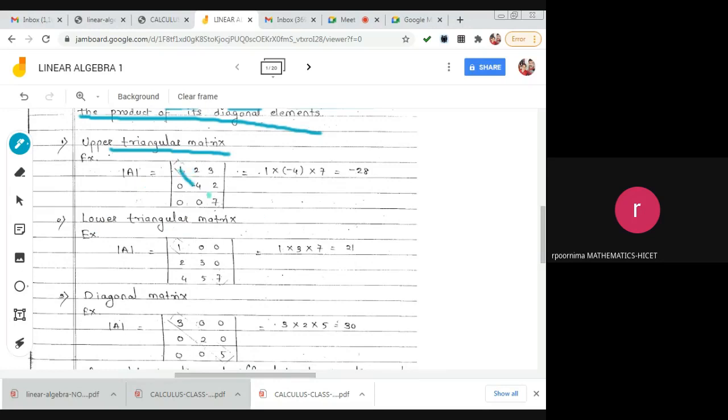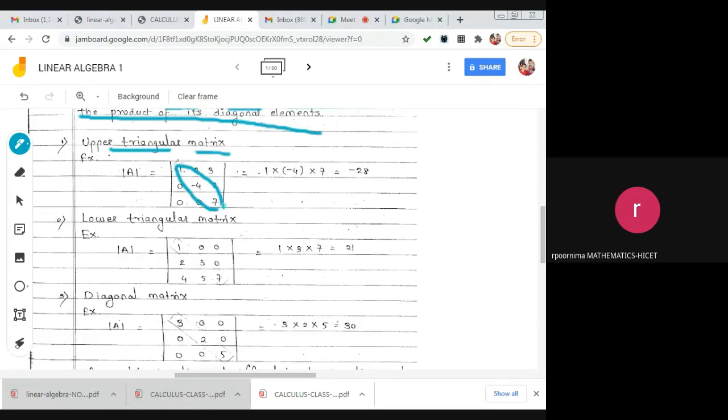This is called the upper triangular matrix, where only the upper part has values. Expanding by normal evaluation of the determinant, we get 1 into minus 4 into 7. We are multiplying the diagonal elements. These are the diagonal elements.